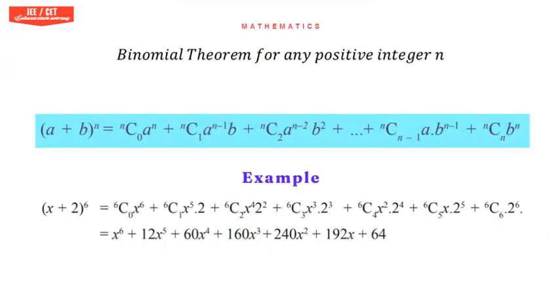So for any positive integer n, we can expand (a plus b) raised to n, which is equal to nC0 a raised to n plus nC1 a raised to n minus 1 b plus and so on, as shown in the diagram. Note that there are n plus 1 terms in the expanded form.